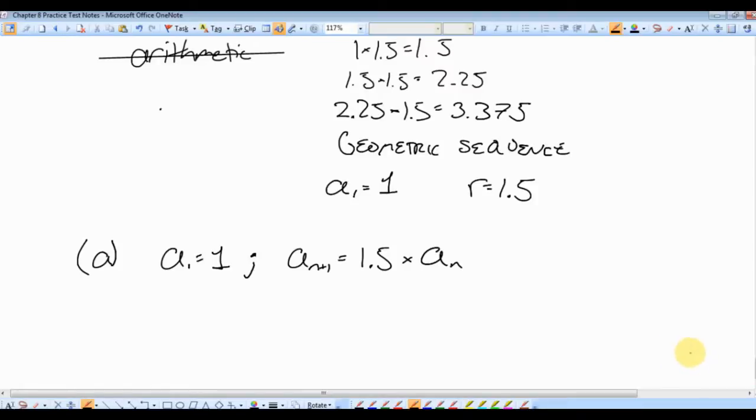That's from the notes, of course. B. What about an explicit rule? a(n) should be equal to 1 times 1.5 to the n minus 1 power.